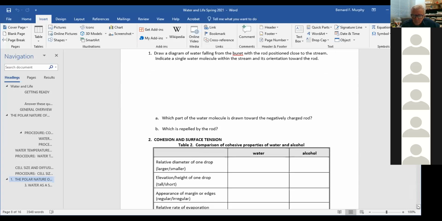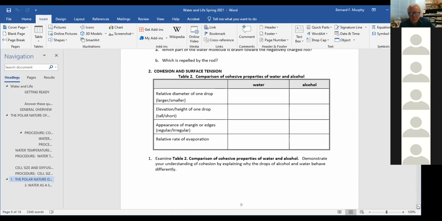Cohesion and surface tension. So relative diameter of one drop. Well, it's smaller in water, larger in alcohol. If you put a drop of water on a glass slide, it beads up. It's nice and round and a nice bead. You put alcohol on it, it slides all over the place and forms this very flat, irregular splash.